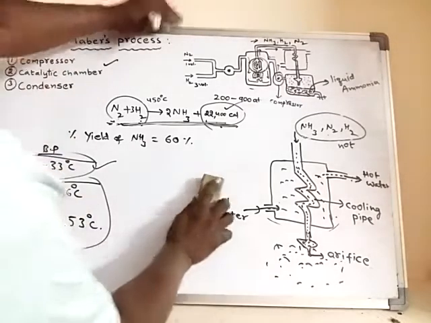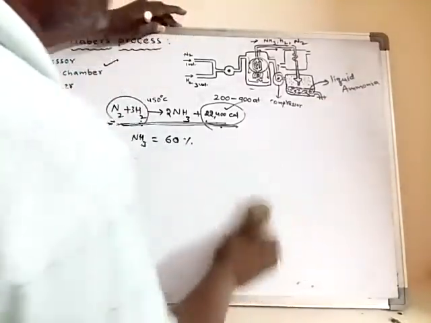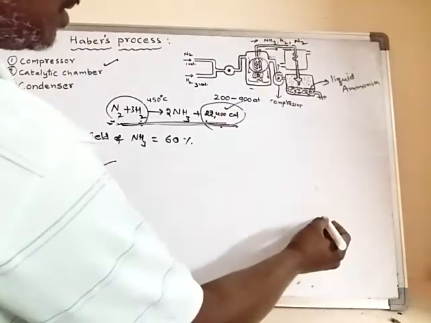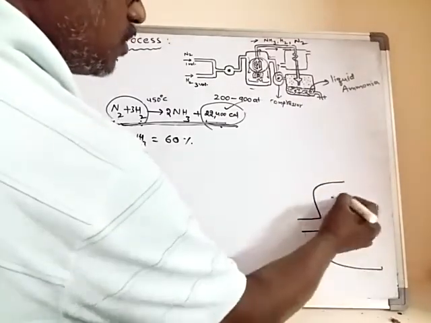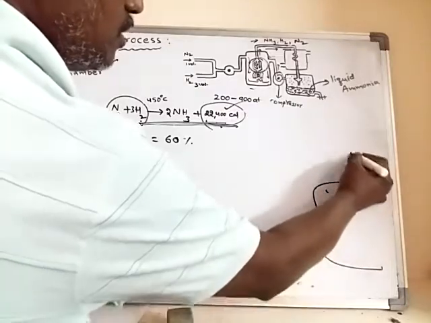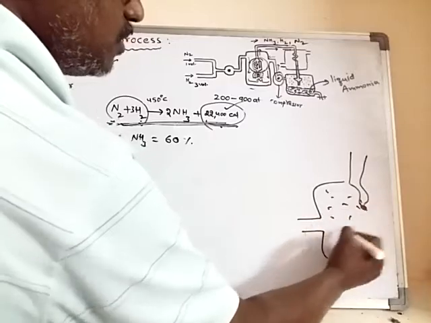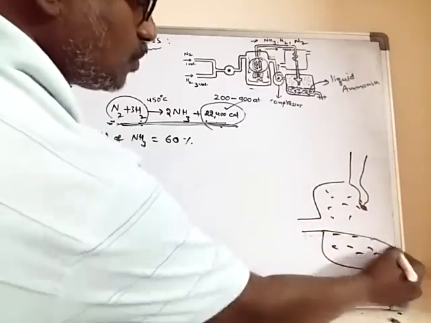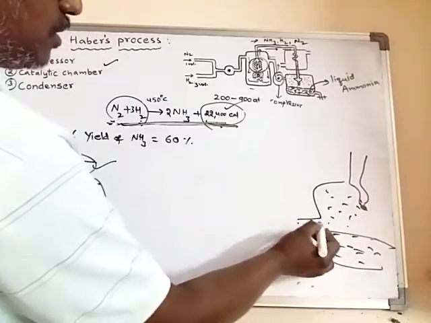I will show you based on the diagram. So here the orifice is present. Here is liquid ammonia, and here are the nitrogen and hydrogen gases.